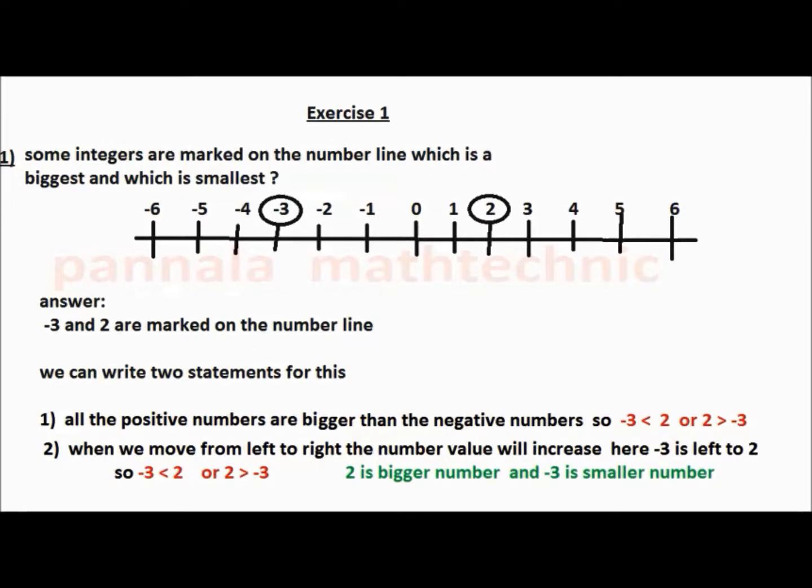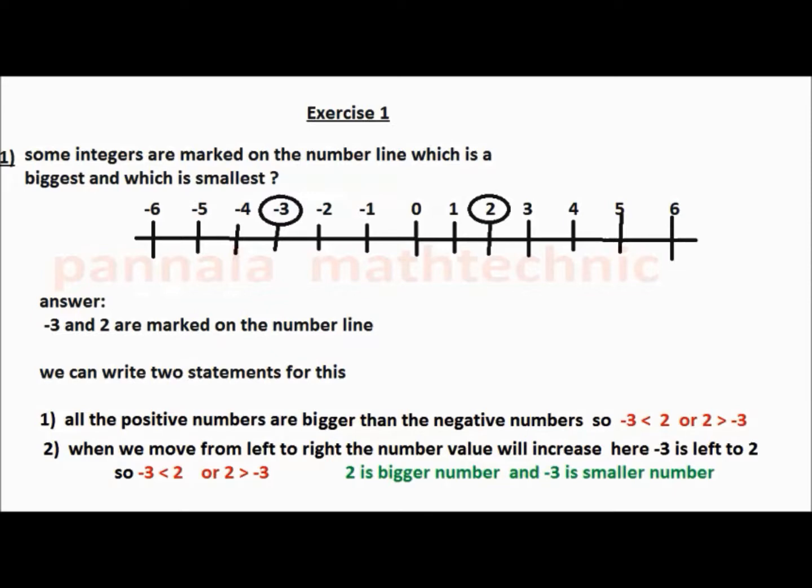Exercise 1. Some integers are marked on the number line. Which is bigger and which is smaller? Minus 3 and 2 are marked on the number line. We can write two statements for this. We already know that all the positive numbers are bigger than the negative numbers. So basing on this statement, minus 3 is less than 2, or 2 is greater than minus 3.